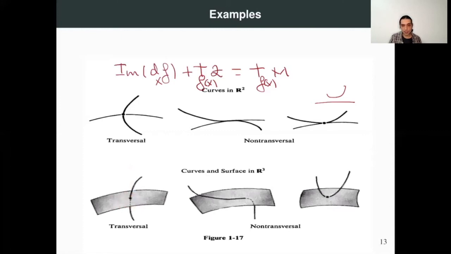The sum of these two subspaces is the total space. What happens in the two cases to the right is that the tangent space to the curve at the point of intersection is contained in the tangent space of the surface. And because of that, the sum of these two tangent spaces is the tangent space of the surface, and it's not R3. So in these two cases, we don't have transversality.